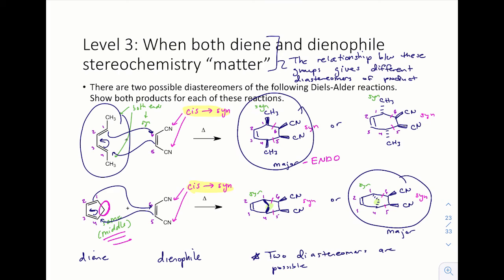So the endo product has that middle substituent opposite to the electron withdrawing groups from the product. And in fact, the ends of the diene, those are hydrogen atoms, and those are on the same face as the nitriles. So again, the major product in that second reaction is also the endo product.